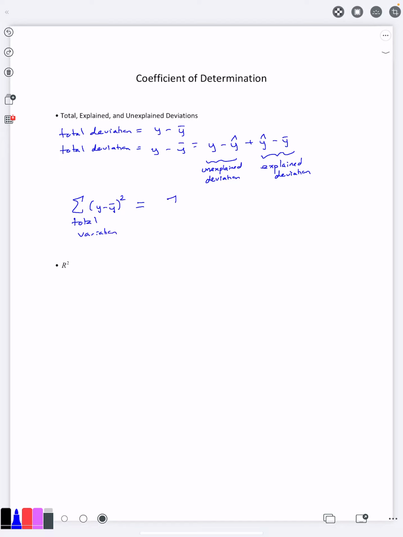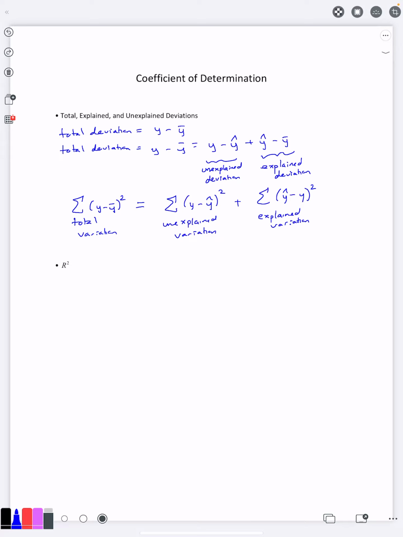You can rewrite this as the sum of all the squares of the unexplained deviation, which we call the unexplained variation, plus the sum of the squares of the explained deviation, the explained variation. It is not necessarily straightforward why this would be true based on the previous statement. You just kind of have to trust me here.